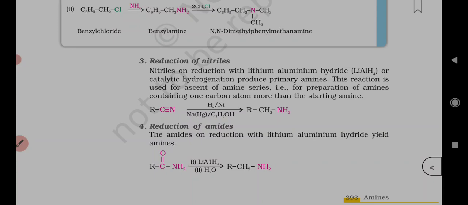An N-alkyl phthalimide. The K+ is substituted by R+, because RX is R+X−, so K+ is substituted by R+ on heating with alkyl halide. So potassium salt of phthalimide on heating with RX gives an N-alkyl phthalimide.